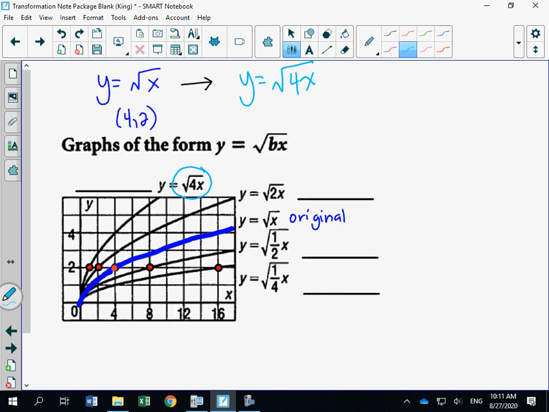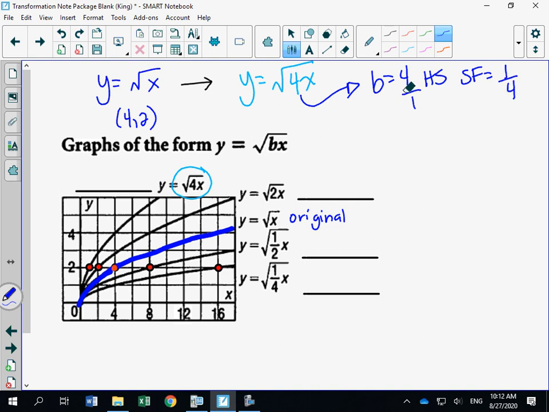Hopefully what you see is that this would be a b value, because it's within the function. The a value would be if I put a 4 outside of the function, but this is within the function. So that's a b value. B value is equal to 4, and that is a horizontal stretch. And the stretch factor is always going to be the reciprocal. So the reciprocal is 1 over 4.